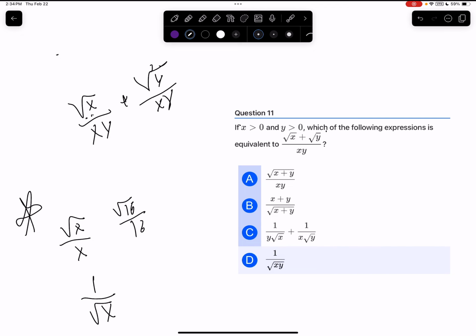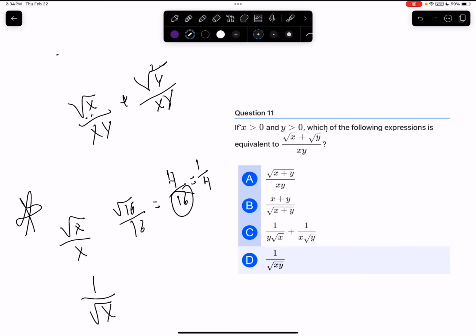That's 1/4, right? Because square root of 16 is 4, and this is 16. That would be the same, right? But 4 over 16 is the same thing as 1 over 4. Right? You simplify it down. There's 1 4 up top there, and there's 4 4s down there.